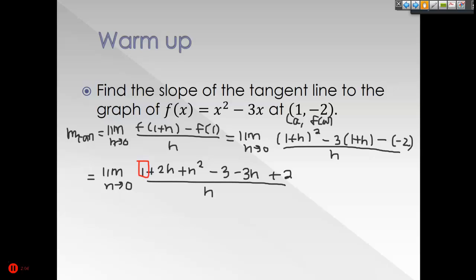One, negative 3, and positive 2 are all like terms. So 1 plus 2 is 3, 3 minus 3 is 0. So 1, negative 3, and 2 all cancel. Hopefully at this point you notice you have an h in each term, so we can also cancel an h from the bottom.